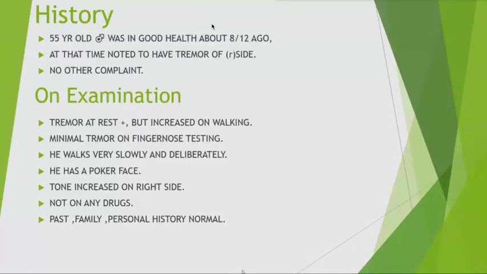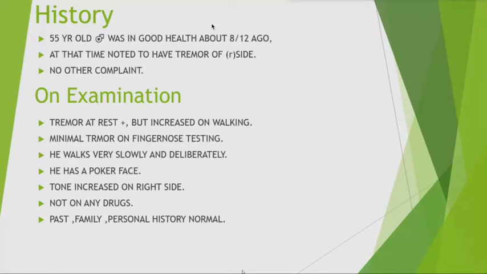And his past, family and personal history is normal. Normal. So what do you make out so far? Sir, the patient has only unilateral tremor of right side.